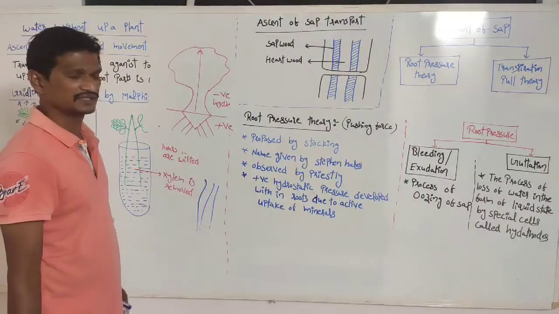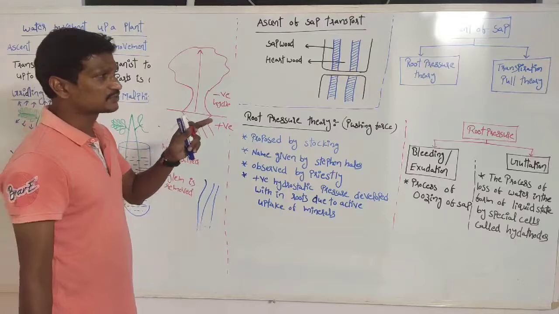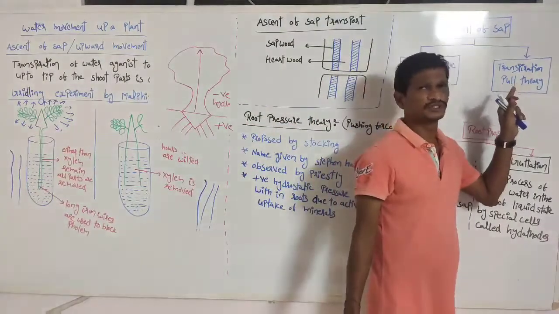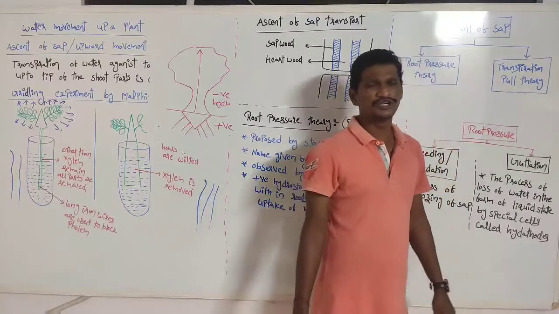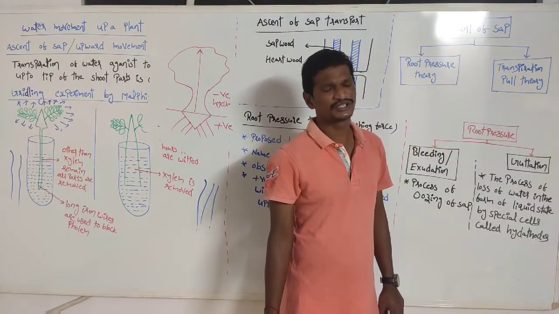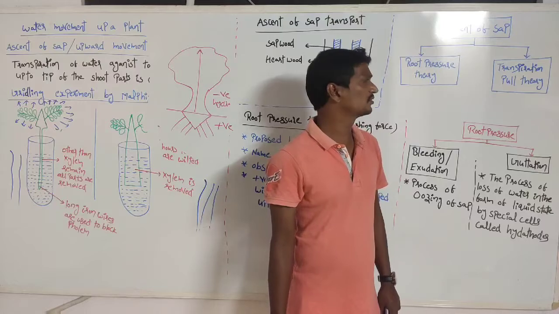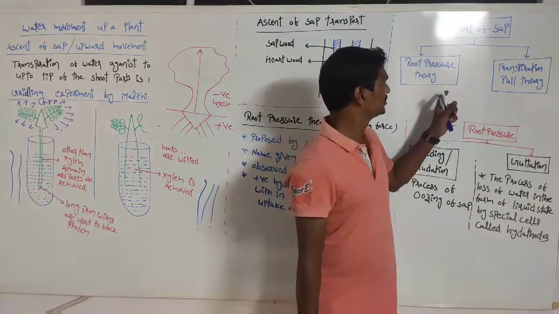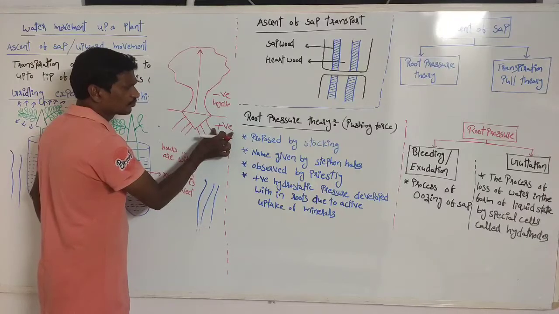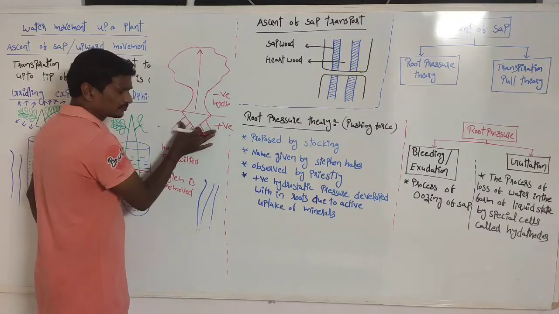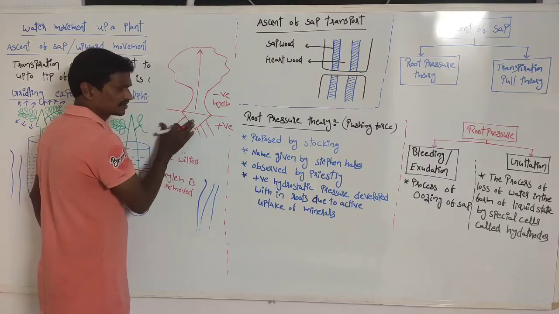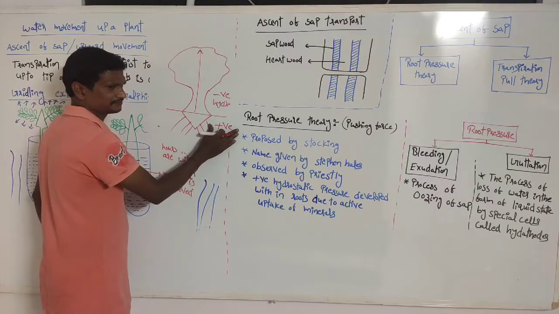One is the root pressure, the other one is the transpirational pull theory. The transpiration pull theory is also called the cohesion tension transpiration pull theory. The absorption of water from the soil is done by the root pressure, that is positive hydrostatic pressure.